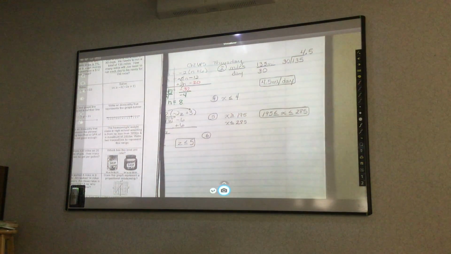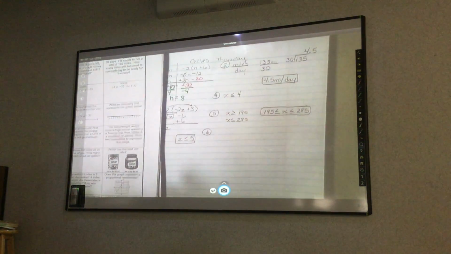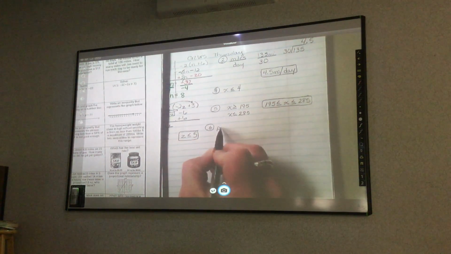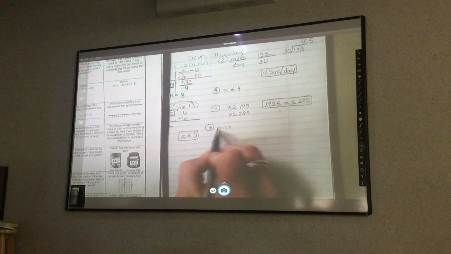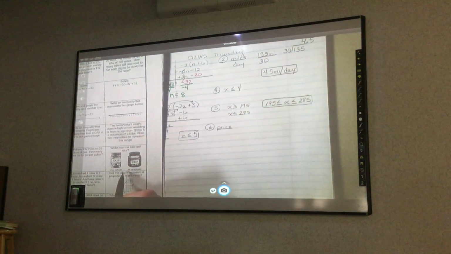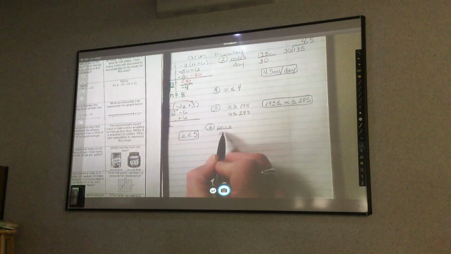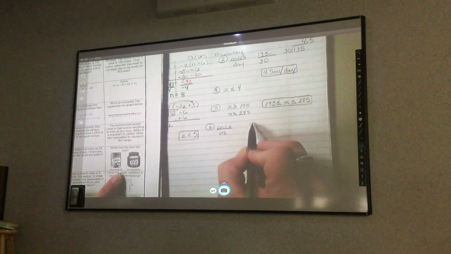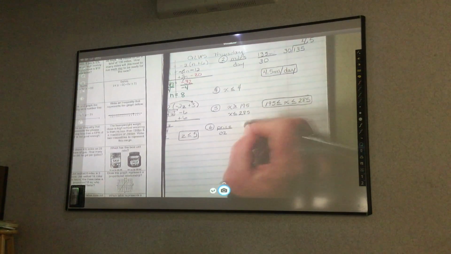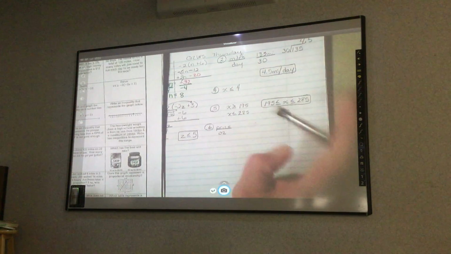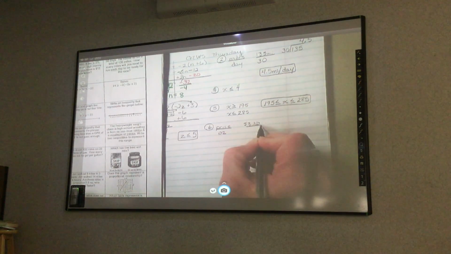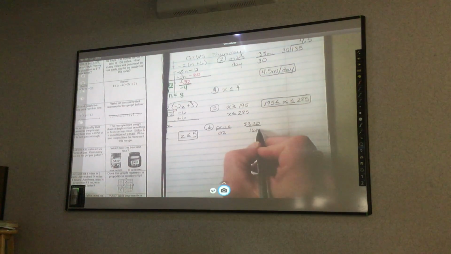Number 6 is asking about the unit rate. A unit rate we write as, it's always price per, and then this is going by ounces, so it's price per ounce. So the first jar is a 16 ounce, oops, I don't put ounce first, I just said price first. It's $3.30 for 16 ounces.